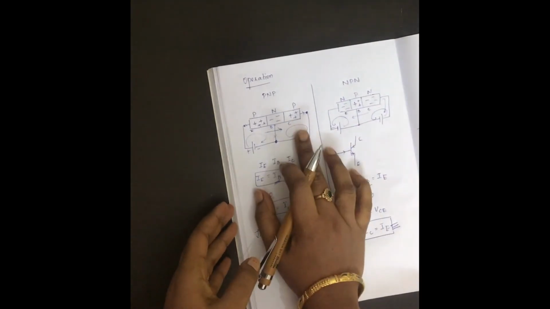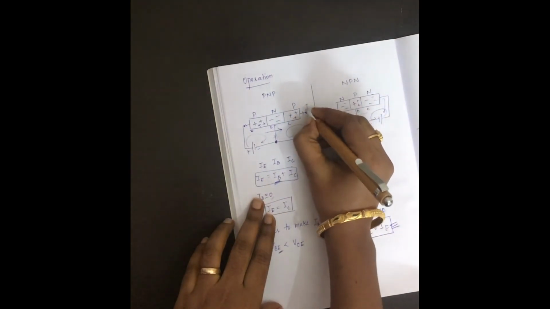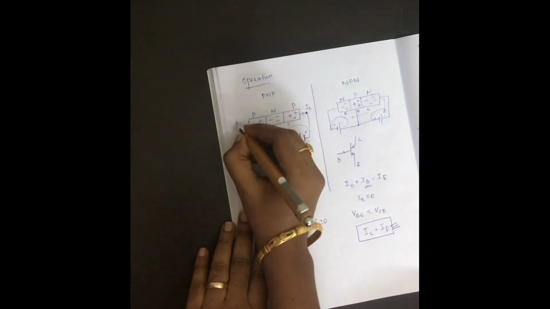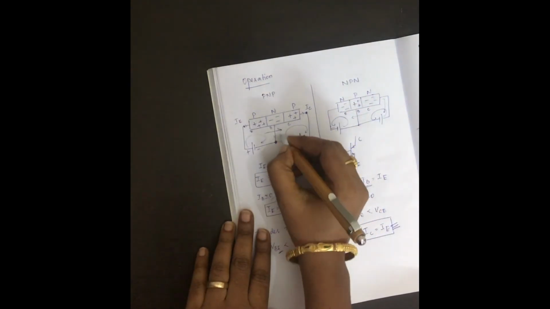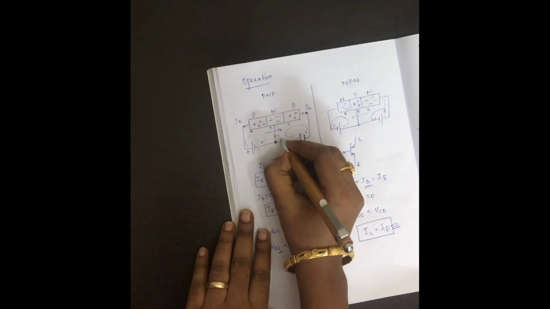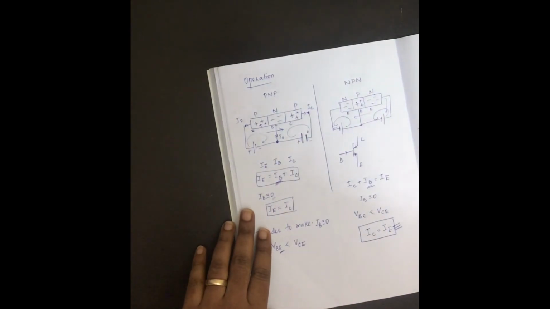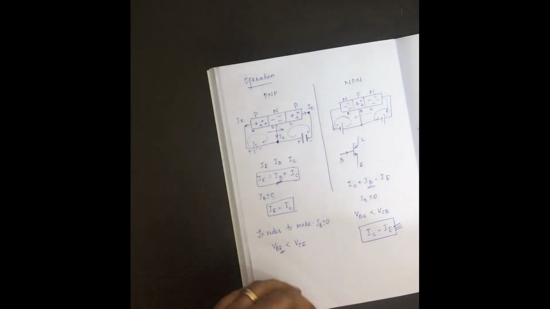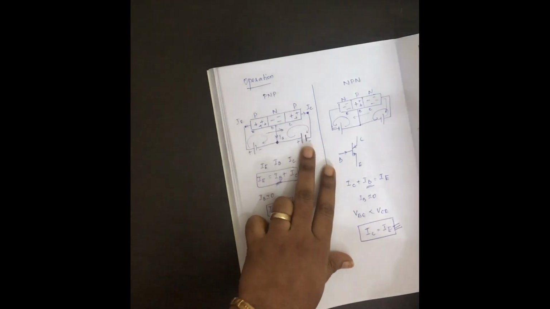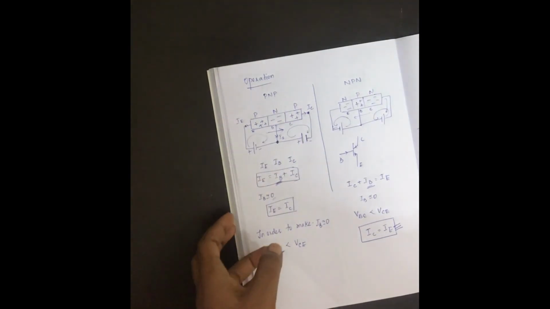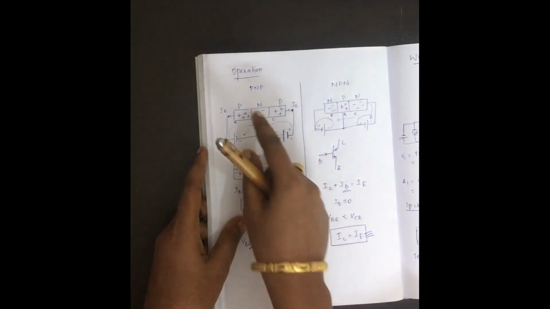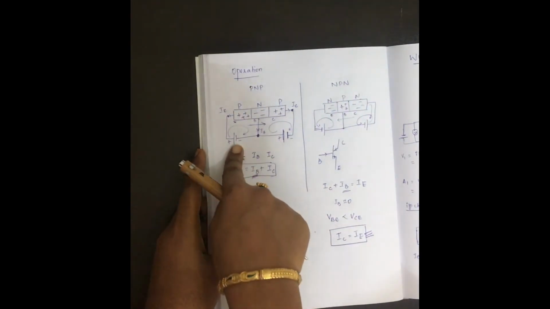Here we see collector current and this is emitter current. This side is base current IB. For input characteristics you will be increasing this voltage.